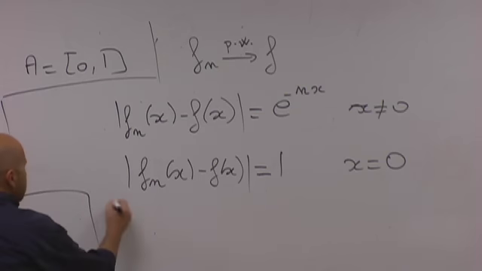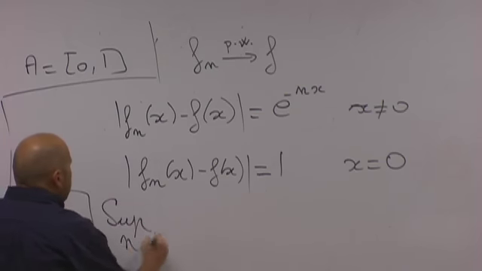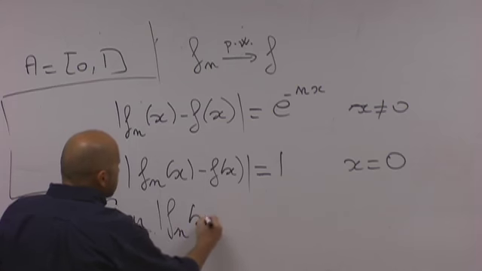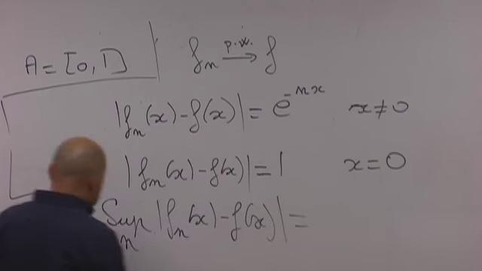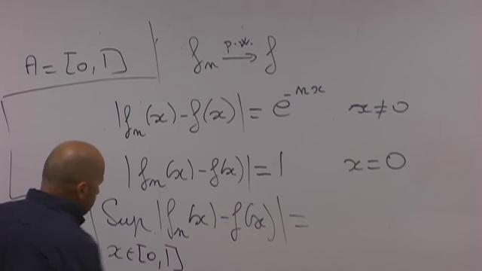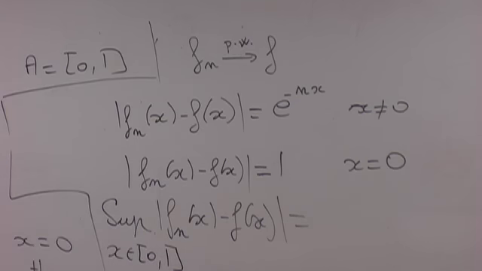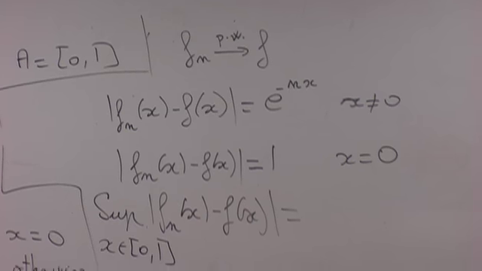So when I'm looking at the supremum of |Fn(x) - f(x)|, what is this equal to? Supremum over all x's belonging to A. What's this supremum equal to? One.